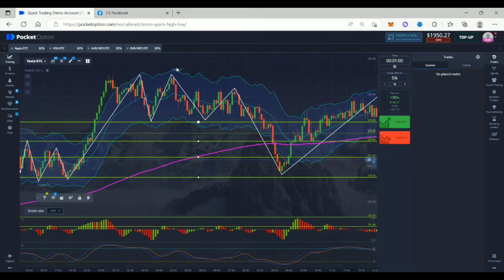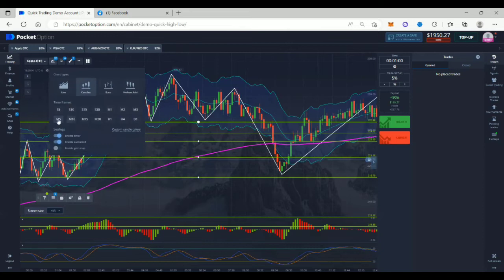Where do you get to the 5-minute chart, the different time frames on binary? Right here. All right, I see. So you're on a 5-minute. Okay, hold on one moment.